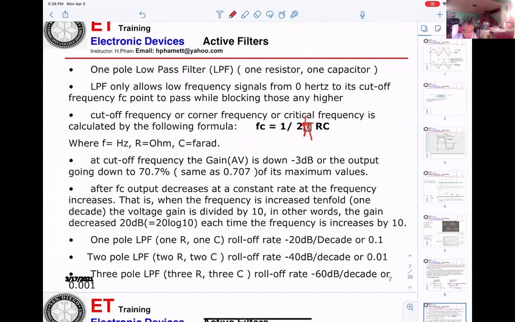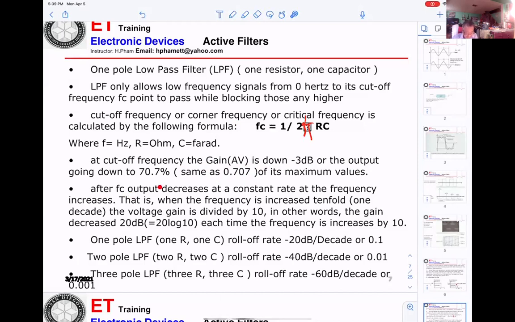In this formula, F is in Hertz, R in Ohms, C in Farads. At the cutoff frequency, the gain is down minus 3 dB, or the output goes down to 70.7%, the same as 0.707 of its maximum value.